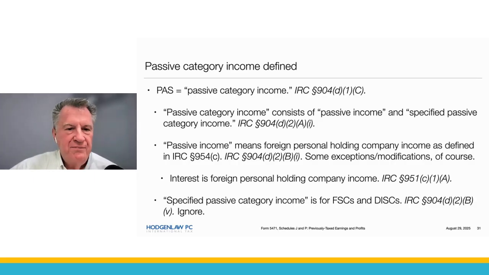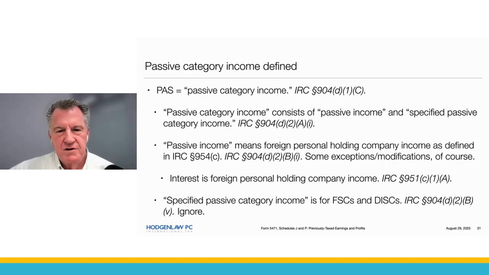Passive income, and we're not using this in the generic term, we're using this as a definitional phrase out of the Internal Revenue Code. Passive income means foreign personal holding company income, so there's yet another variable, A, as defined in 954C. And there are some modifications, but for our purposes, passive income equals foreign personal holding company income.